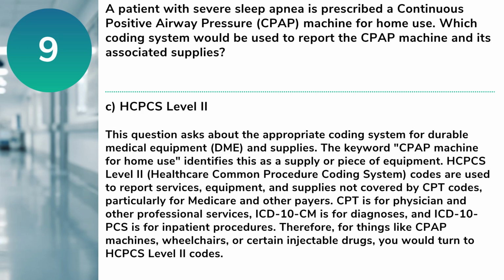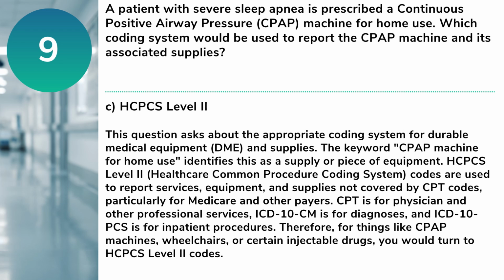Answer: C. HCPCS Level 2. This question asks about the appropriate coding system for durable medical equipment, DME, and supplies. The keyword CPAP machine for home use identifies this as a supply or piece of equipment. HCPCS Level 2, Healthcare Common Procedure Coding System, codes are used to report services, equipment, and supplies not covered by CPT codes, particularly for Medicare and other payers.